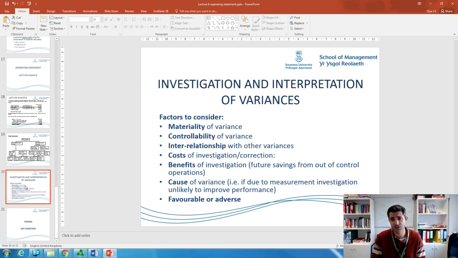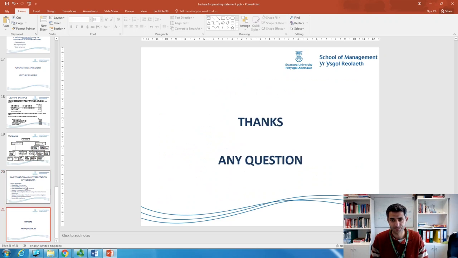Maybe the cause is clear, maybe there are unforeseen circumstances and the reason is clear, so why do we need to investigate? Or maybe we need to look at the interrelationship between the variances, because one variance might affect the other variances.